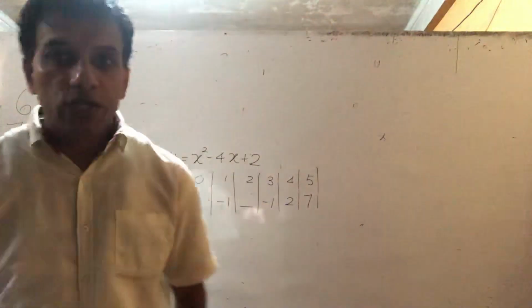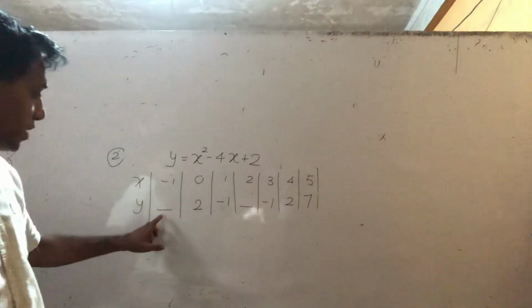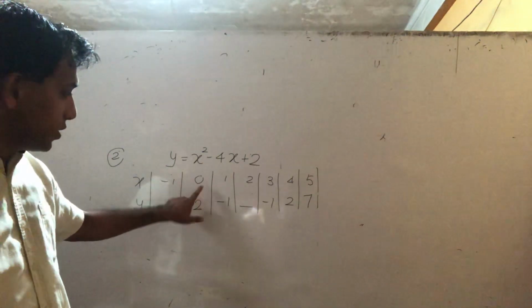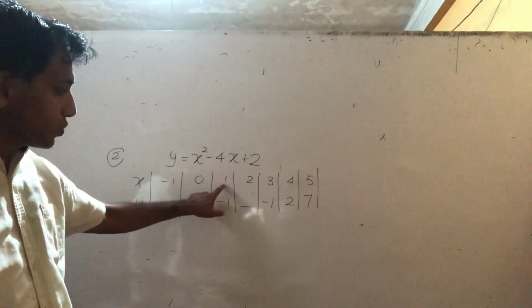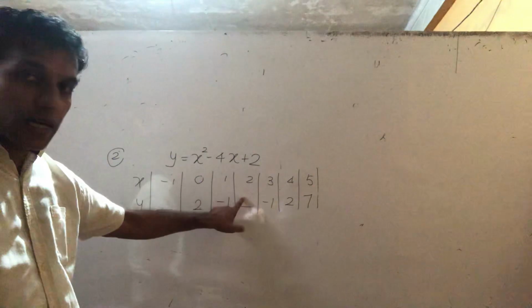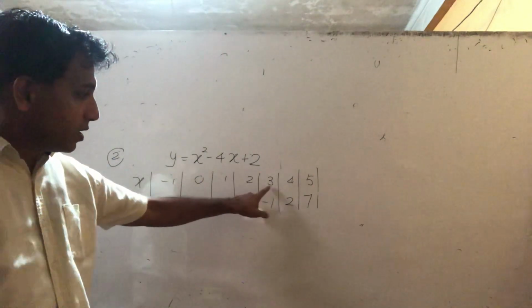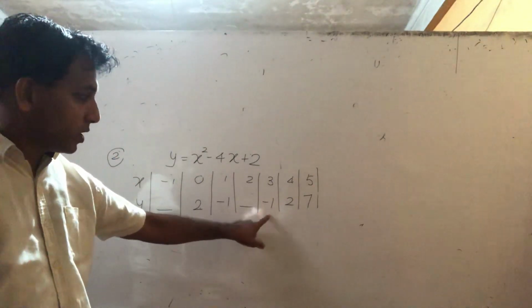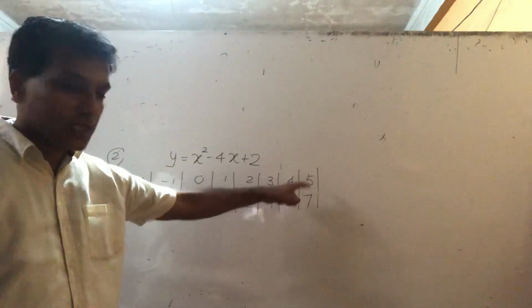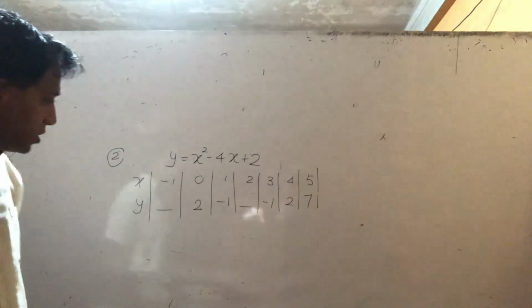The y values are shown: when x is minus 1, y is blank; x is 0, y is 2; x is 1, y is minus 1; x is 2, y is blank; x is 3, y is minus 1; x is 4, y is 2; x is 5, y is 7.